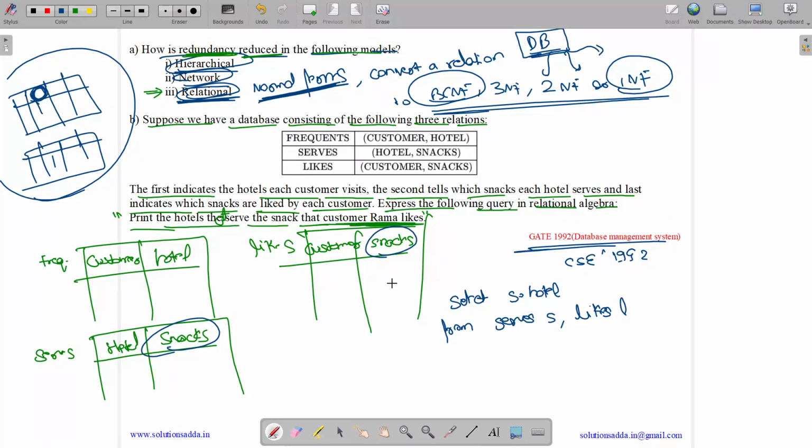They have snacks in common. So where s.snacks equals l.snacks, and we have the customer name in L. So we will write l.customer equals Rama. So this will give our answer. This is the SQL query.